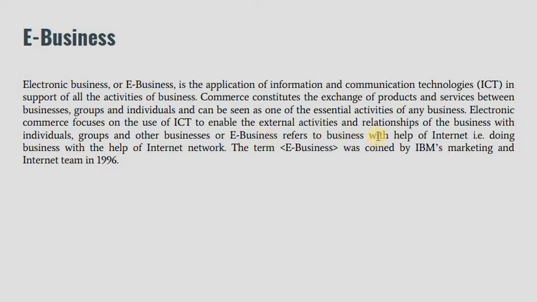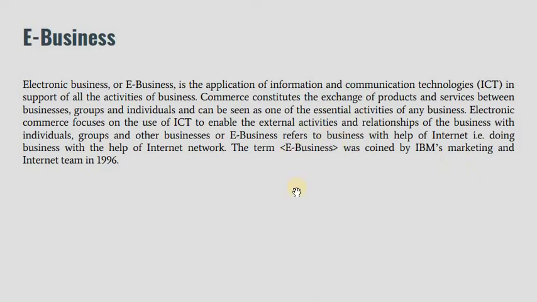On the other hand, the relationship of the business with individuals, groups, and other businesses is basically e-business, and it refers to the business with the help of internet. That is doing business with the help of internet network, right? So it is simple. The term e-business was coined by IBM's marketing and internet team in 1996, right?